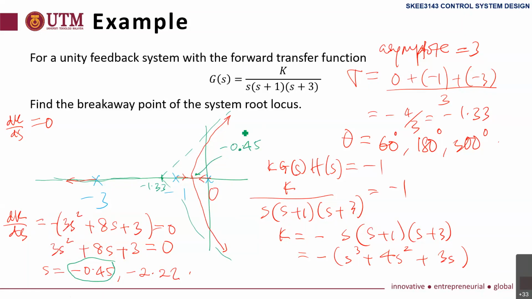Any question on this? This is the way to calculate the breakaway point. Doctor, why is negative 2.22 not valid? Because the breakaway point must be in between 0 and minus 1. Oh, okay, understand. Okay.